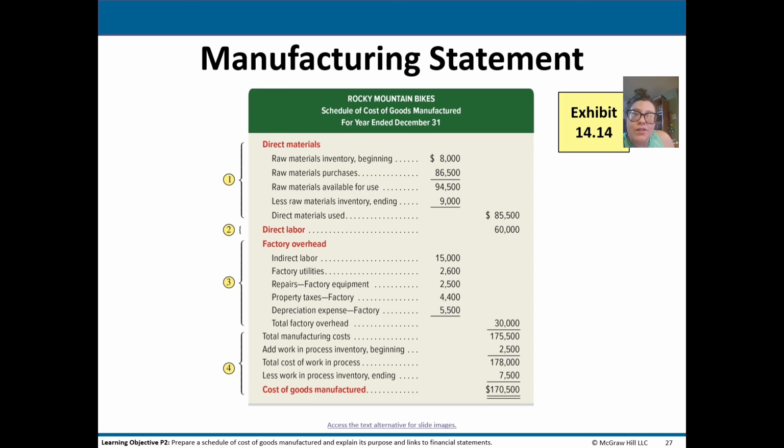So then we take the $175,500 and we add the $2,500 beginning WIP, the work in process inventory. And that will give you your total WIP of $178,000. We then subtract $7,500 of ending work in process inventory, and that gets us our cost of goods manufactured.